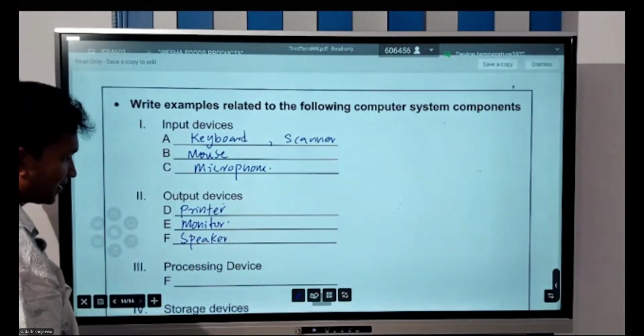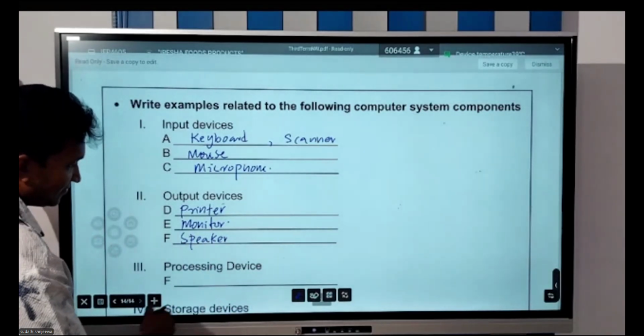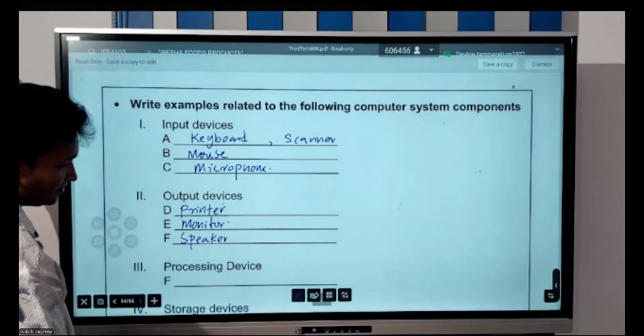Processing device. What is the processing device?